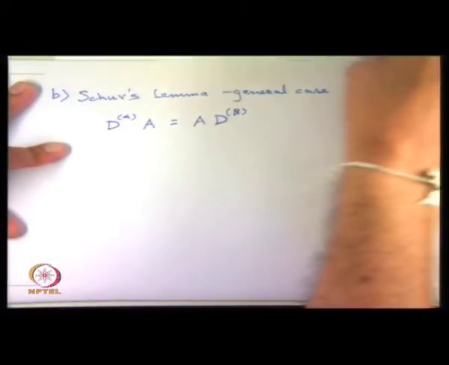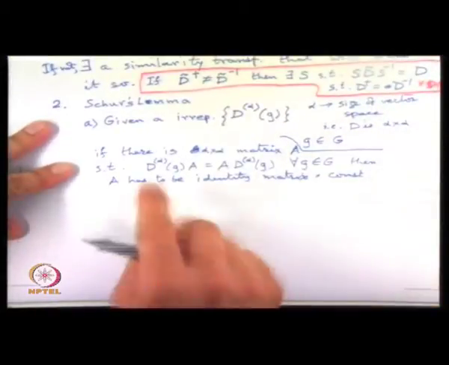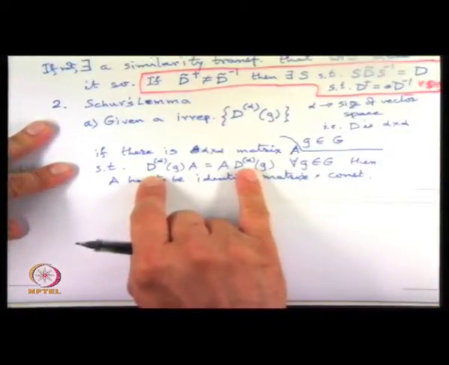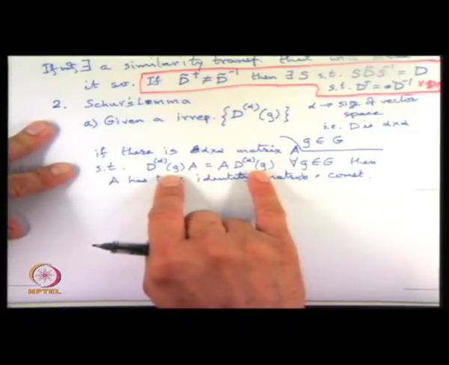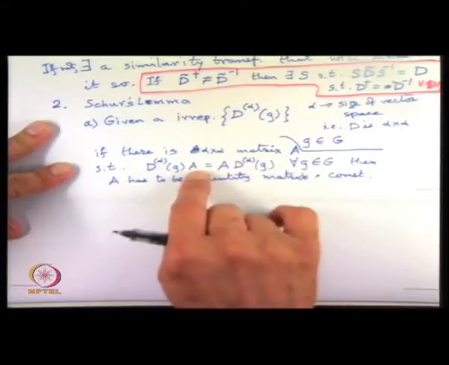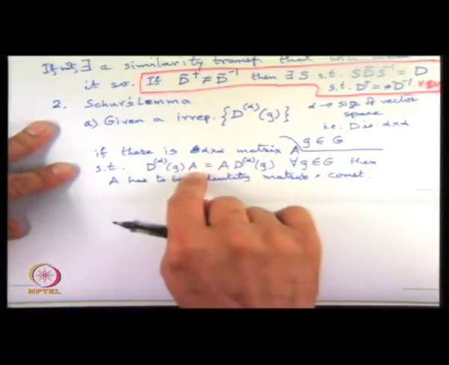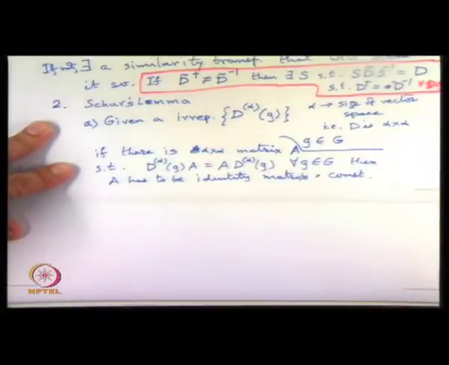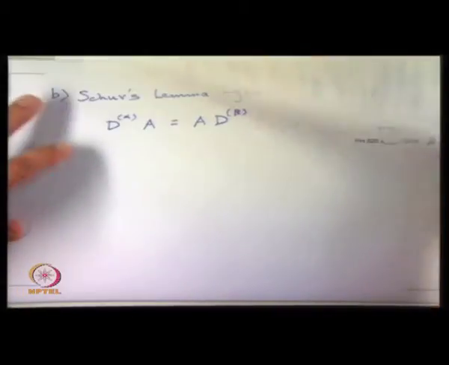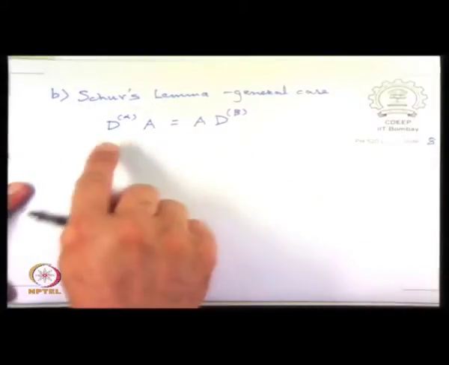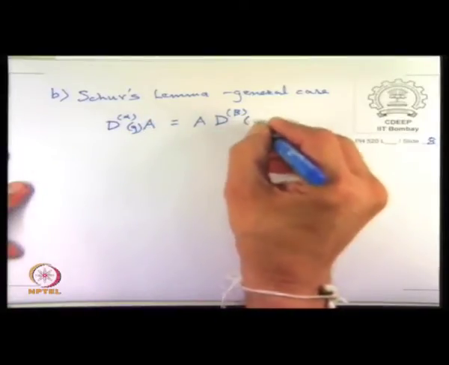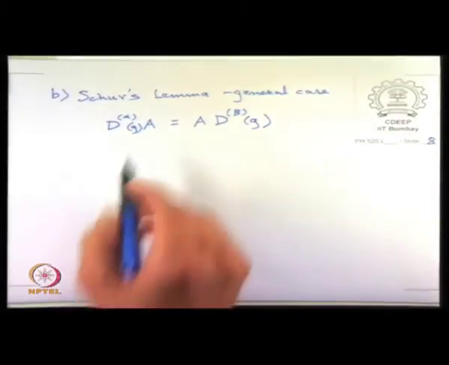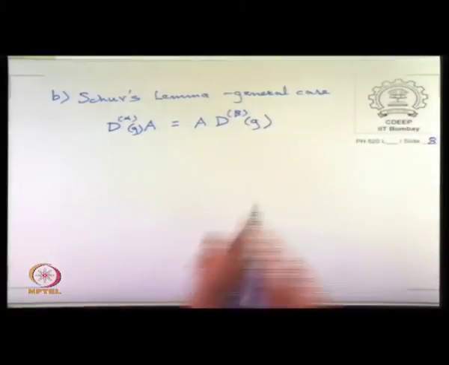Here, remember I said you have a given representation D alpha, and I find that given a particular group element g, its representation matrix D is such that A commutes with it, and then this A commutes with all the representation matrices in that particular representation. Now this more general thing says, suppose I have two different representations, D alpha and D beta, and there is a matrix A satisfying this for all g.